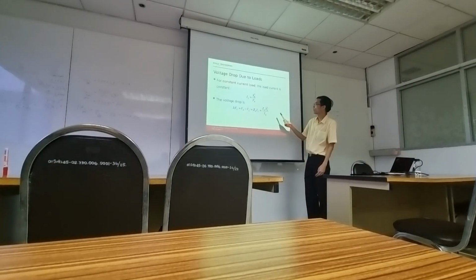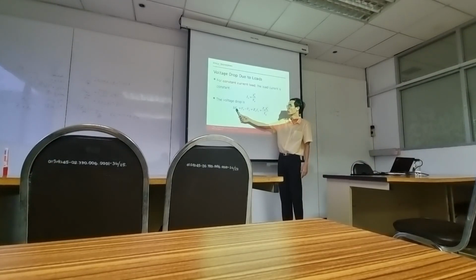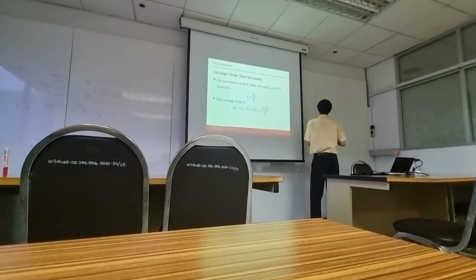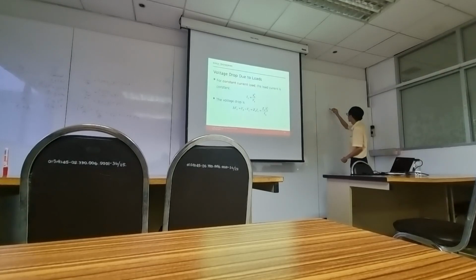The current IL is still constant. The voltage drop is delta VL. Delta VL equals VS minus VL, and this is ZS IL. Okay. The voltage drop is just, this is V drop, it's ZS IL.